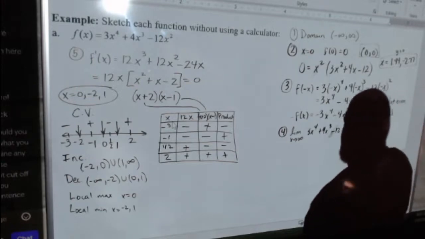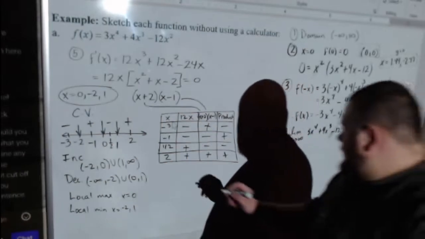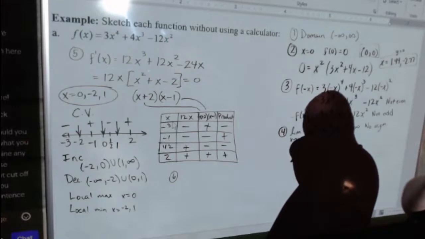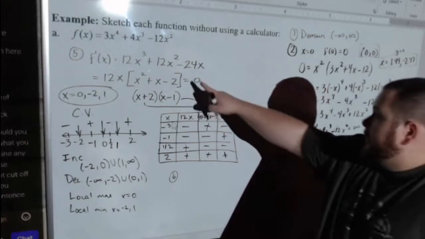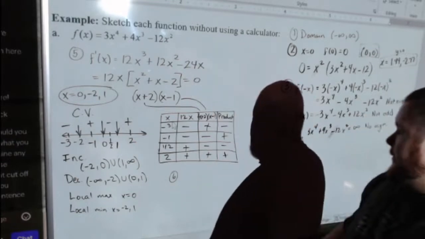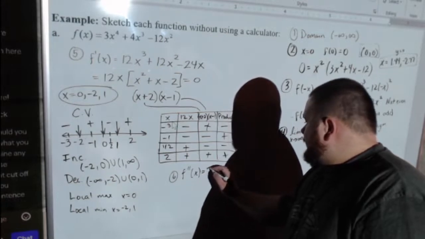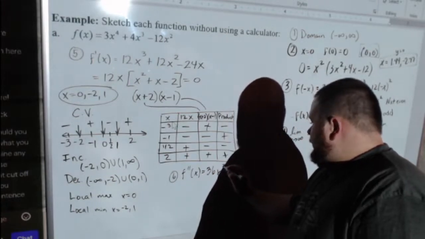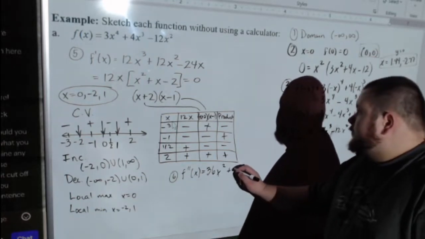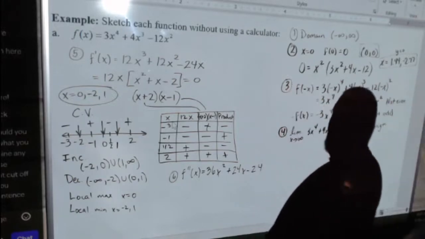So I guess I'll come down here. So 6 is the second derivative test. Here's my first derivative. So I need to take the derivative of that. Okay.